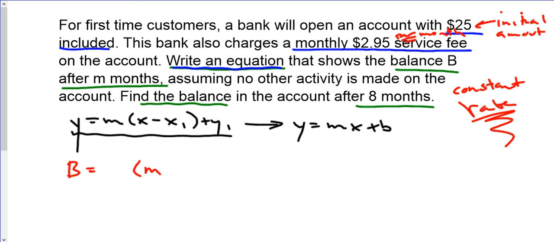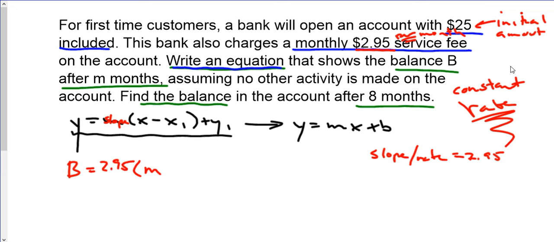So the question is, what do we have here? Our slope appears to be changing, which is our rate, $2.95 per month. That's going to go in for the m right here, which is different than the month m. This is our slope m, so we put in $2.95 for the slope.